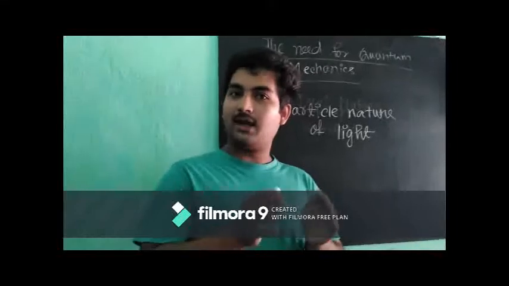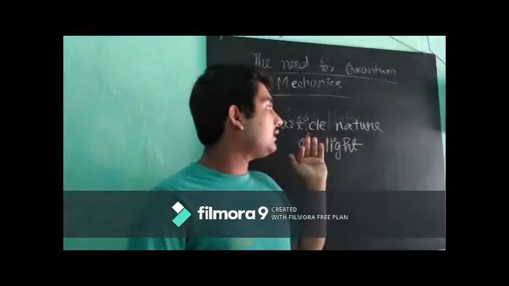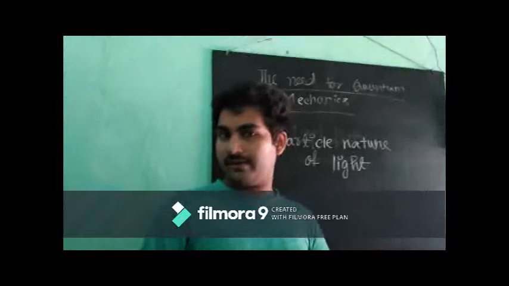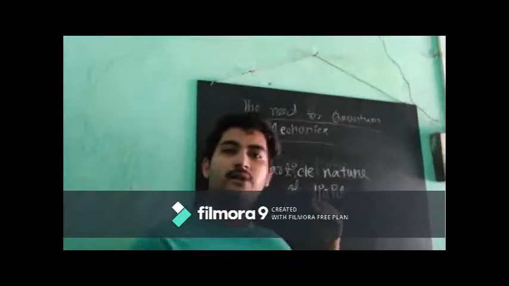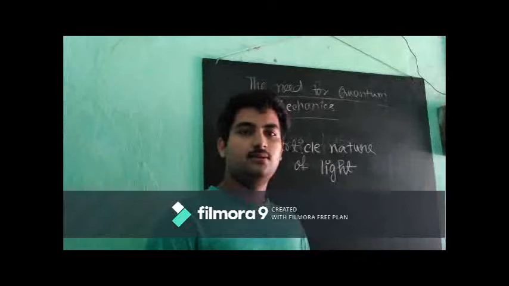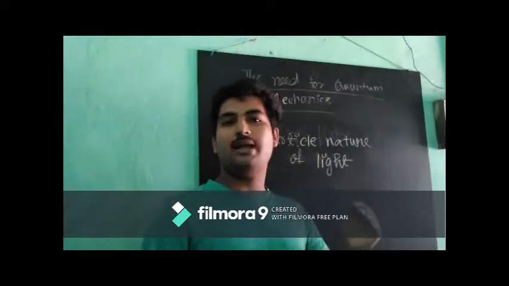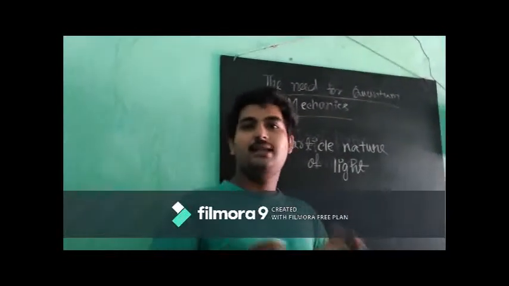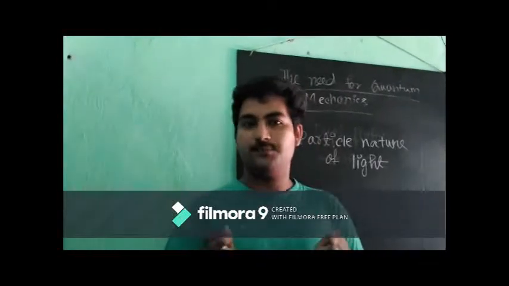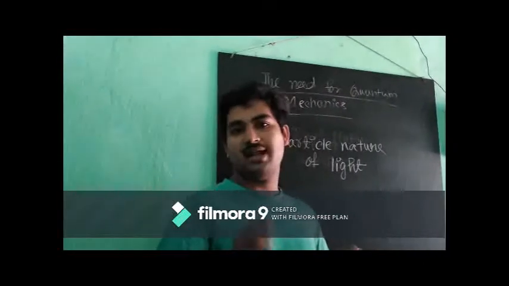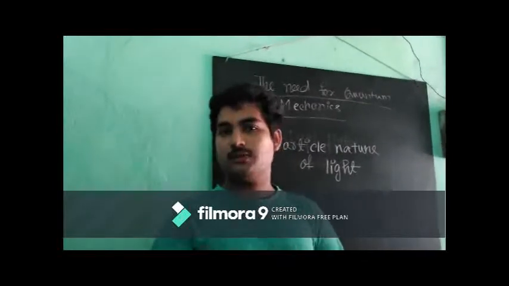Light is a particle according to Einstein in phenomena like the photoelectric effect and Compton effect. But phenomena like interference and diffraction, you cannot explain those effects of optics by saying that light is a particle. So we need both ideas, that light is a particle and light is a wave. So here you can say that light is both particle and also wave.